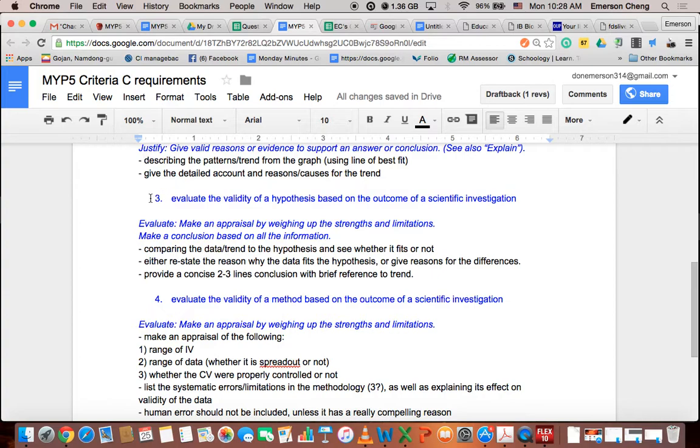Now step 3, part 3: evaluate the validity of a hypothesis based on the outcome of a scientific investigation. In this case, compare the trend with the hypothesis and see whether it fits. If your hypothesis and your data fit, then you just restate what's going on. If not, you need to give reasons why.